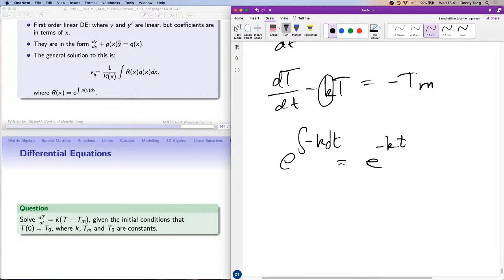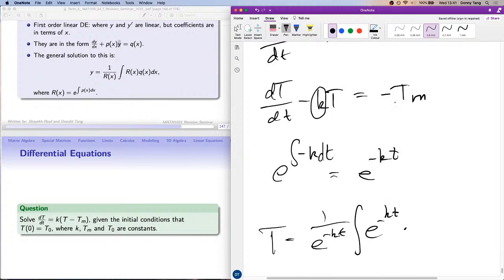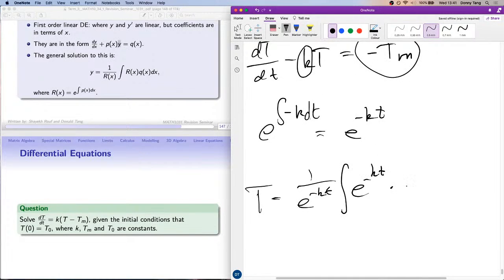Then you want to sub it into this formula. So y, which is T, equals 1 on e to the power of negative kt times the integral of e to the power of negative kt times q(x). q(x) is just the right hand side, which is Tm, and it's actually negative, so there's going to be a negative here as well.